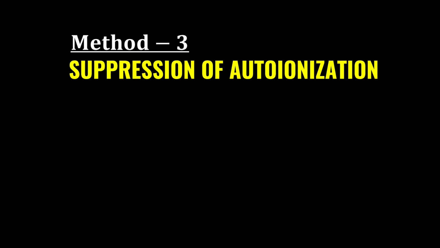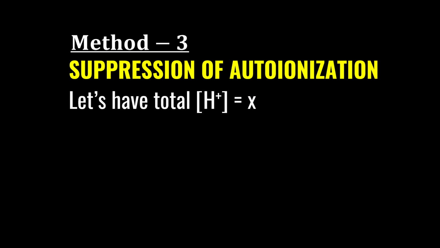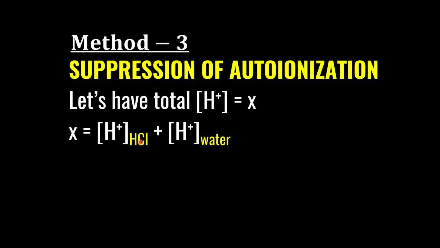So now we know the exact value of hydrogen ion concentration in the water. Now let us calculate the total hydrogen ion concentration in this dilute solution. Let us say the hydrogen ion concentration in dilute HCl is x. So x will include the hydrogen ion concentration from HCl together with that from water.